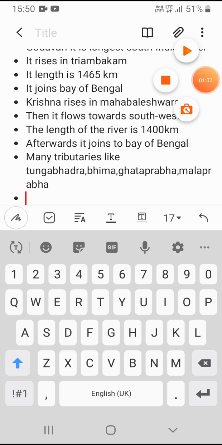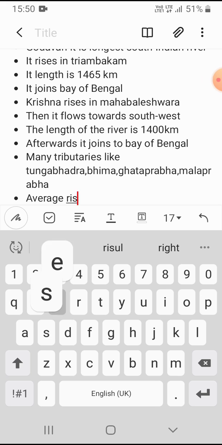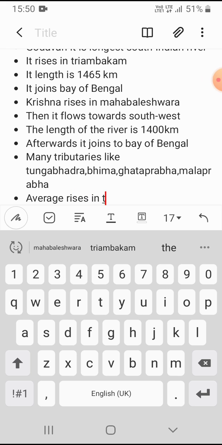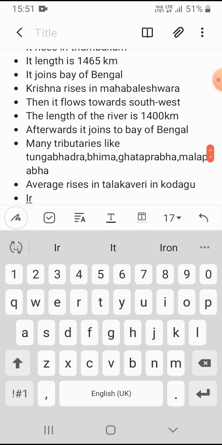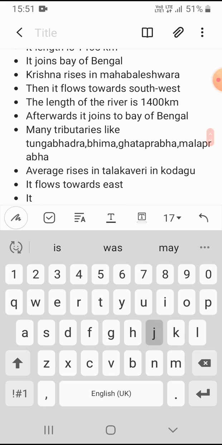So after that, Kaveri. Kaveri rises in Talakaveri in Kodagu, and it flows towards the east, and it joins the Bay of Bengal.